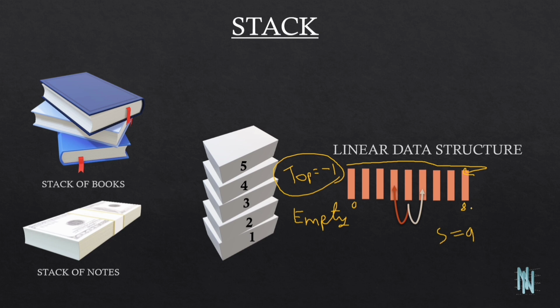So when top becomes equal to 8, it means the stack is full. So this is n minus 1, and this is n. 9 minus 1 is 8. This means that the stack is full.